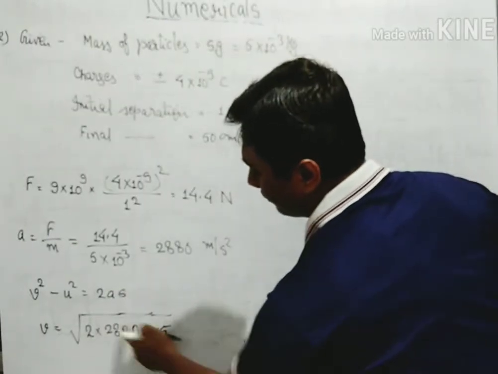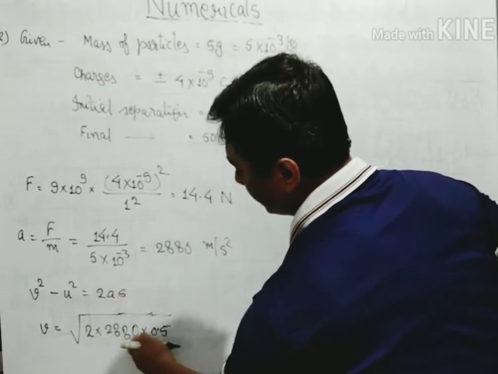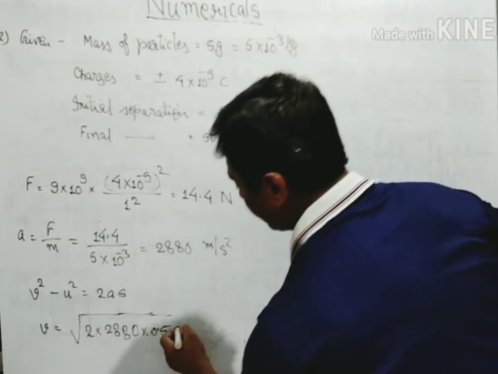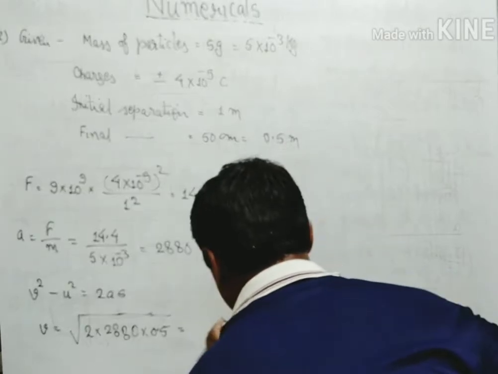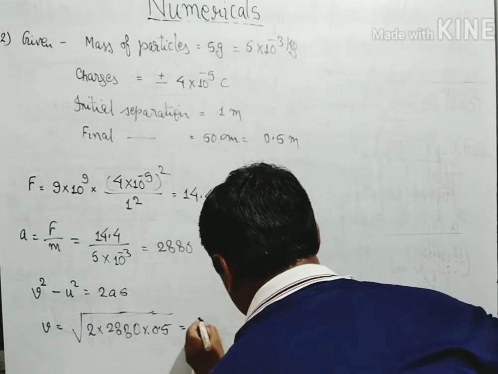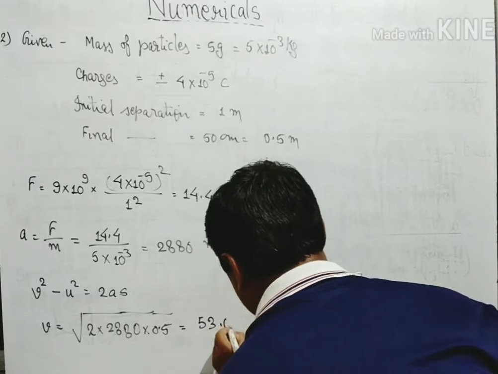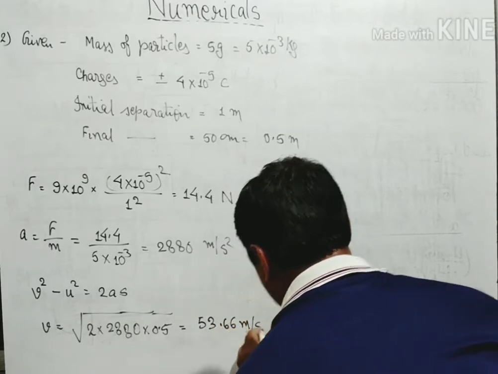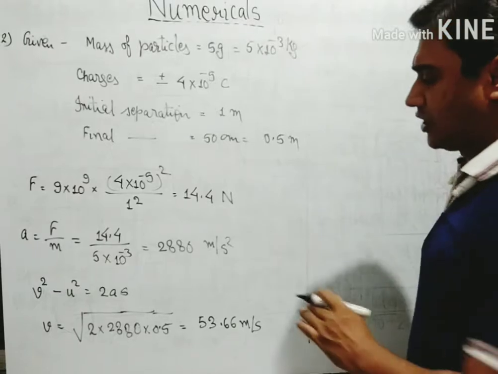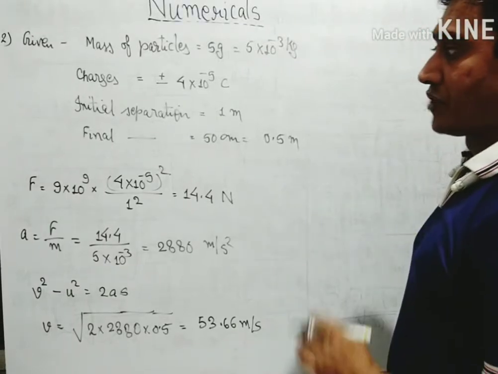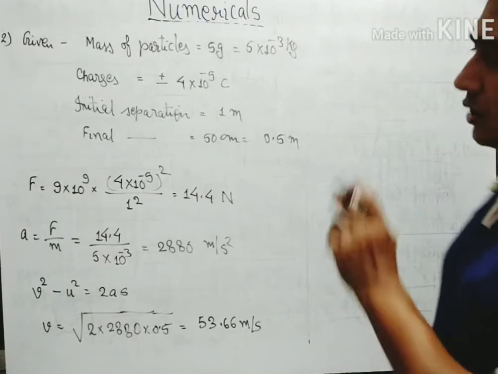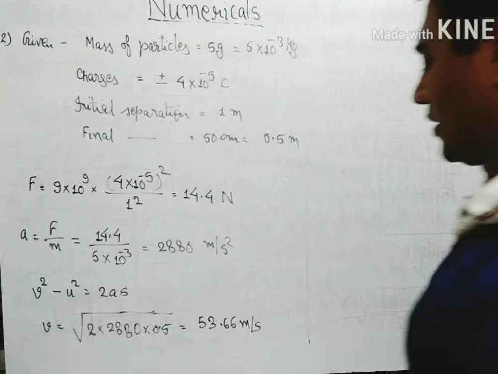S is 0.5, a value is 2880, and this is 2. Just solving it, we'll get the value of v to be 53.66 meter per second. So this is finally the value that we'll be getting as the solution of this second question.